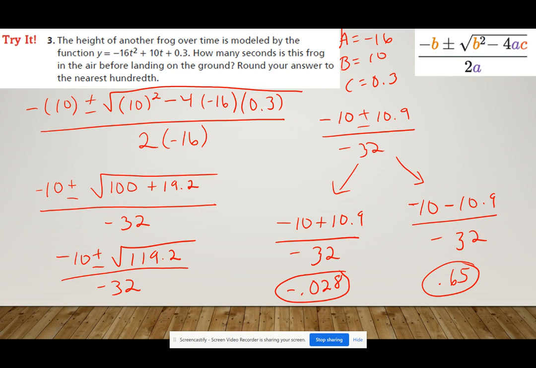In this one, they're talking about the height of a frog over time, how many seconds in the air before he lands on the ground. Does it make sense that it took the frog negative 0.028 of a second to hit the ground? He's not going backwards in time, so that one is not an option. Does it make sense that he took 0.65 of a second to hit the ground? Yes. So this one has, again, one solution.